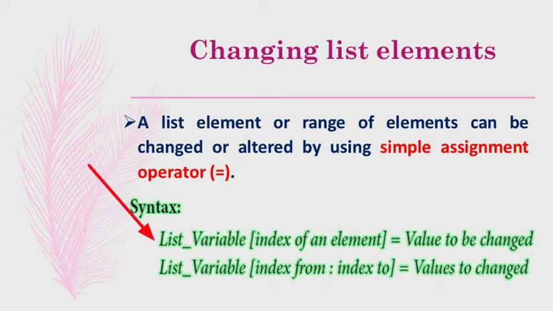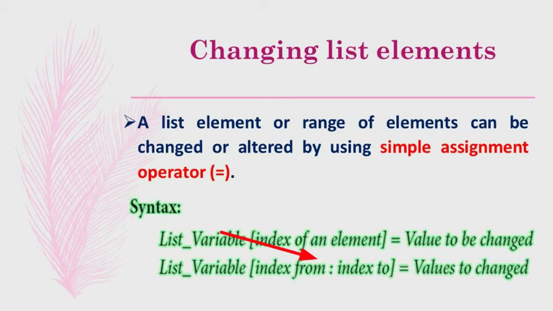But if you want to change multiple elements, you have to use this syntax. Write the list variable and index from, index to here. Here index from means the beginning index of the range and index to means the upper limit of the range.